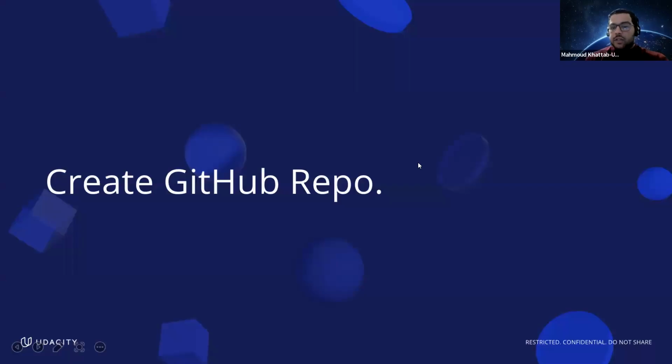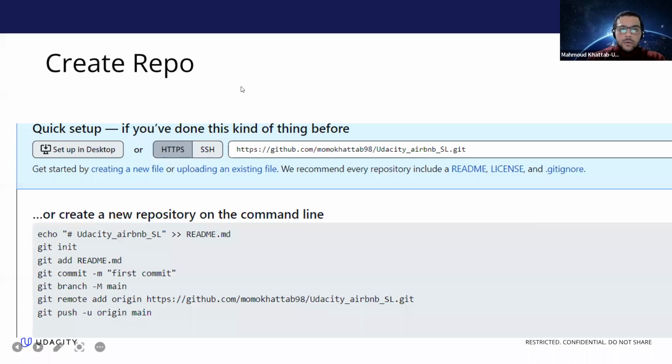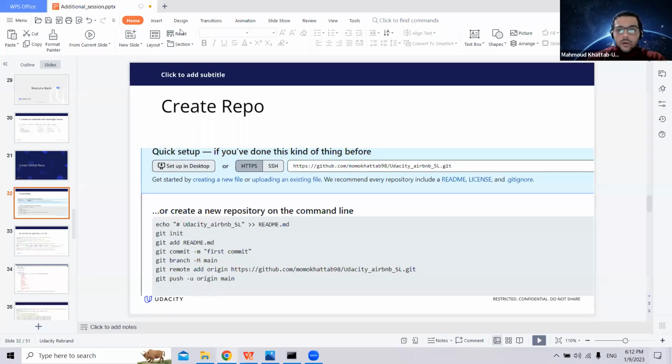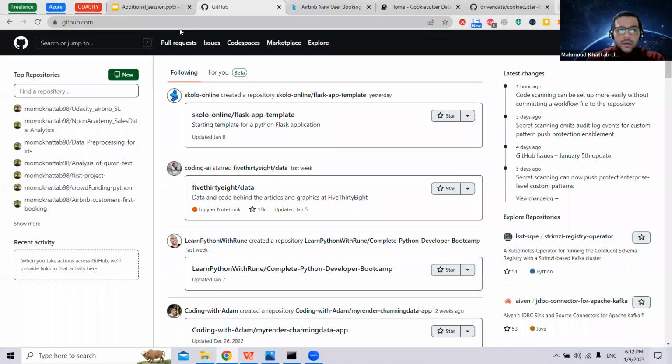But as a first step, we need to create a GitHub repo. We will create a GitHub repo and connect it to the local machine. So first of all, we open github.com. Do you have any accounts on GitHub?